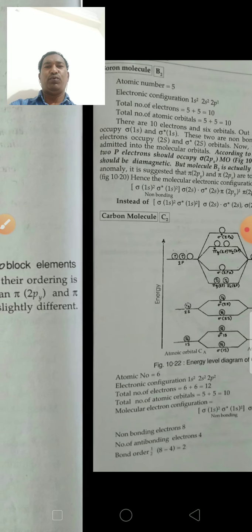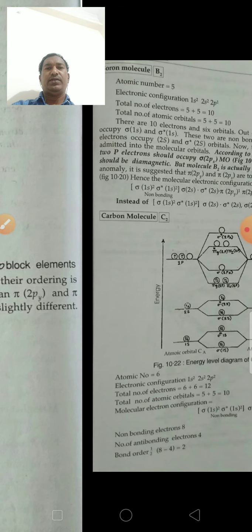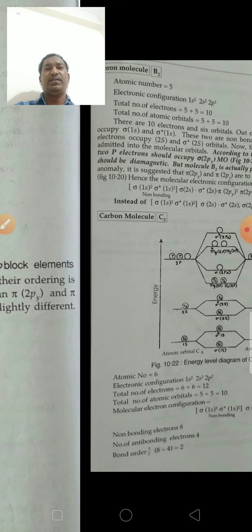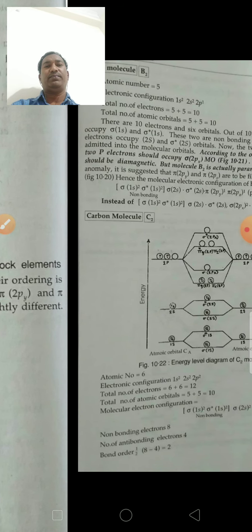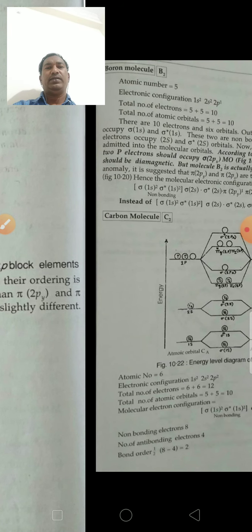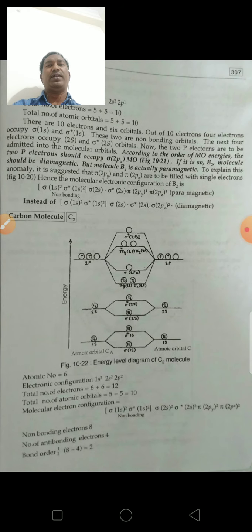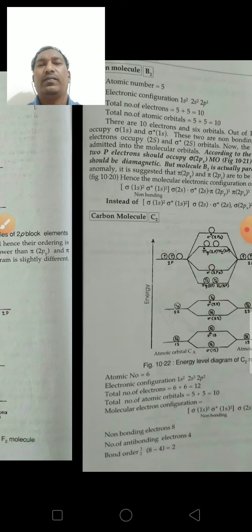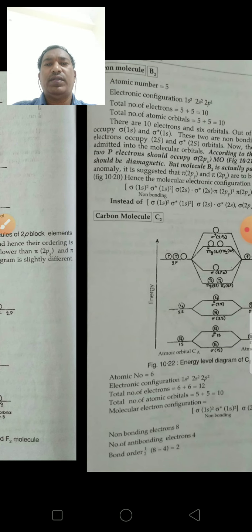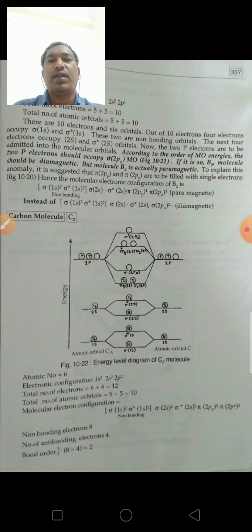Next, see boron. The atomic number of the boron atom is 5. So the electronic configuration of the boron atom is 1s2, 2s2, 2p1. So the total number of electrons in the boron molecule is 5 plus 5, 10.